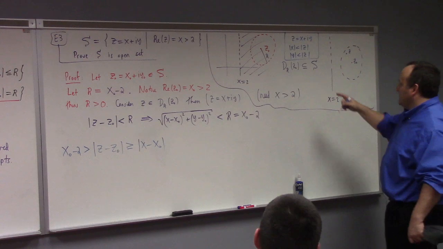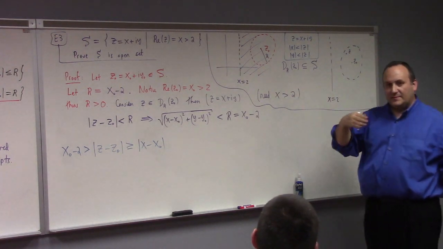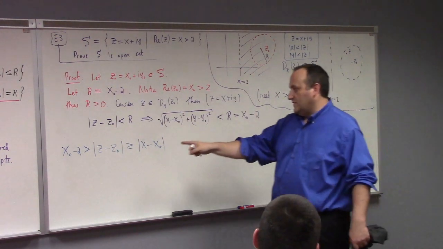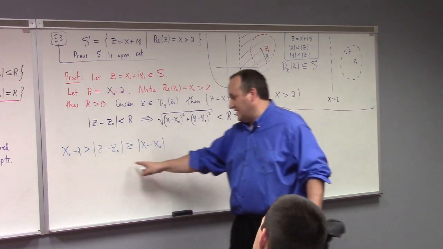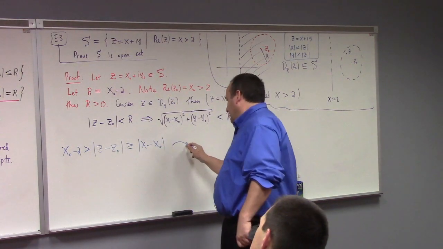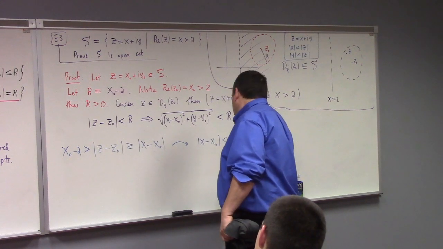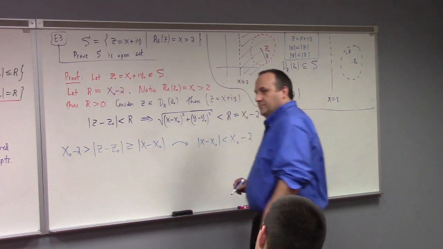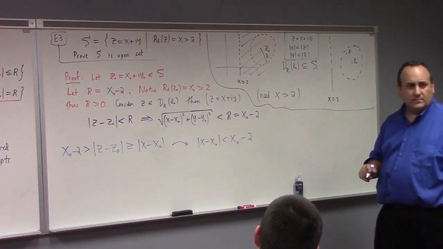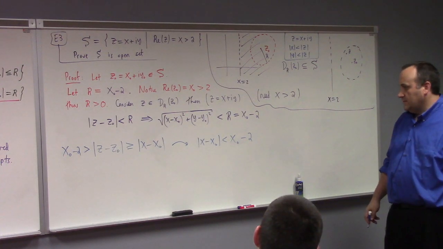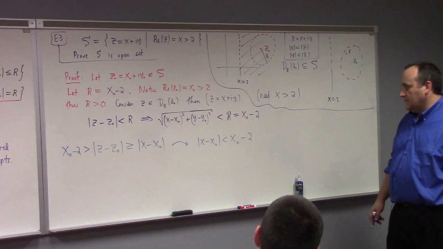Yeah, exactly, because indeed, it is the triangle inequality for the real and imaginary part. But you see this? This is wonderful, because now we have, rewriting this a different way, x minus x naught is less than x naught minus 2, right? But if y or x are 0, wouldn't they be equal?